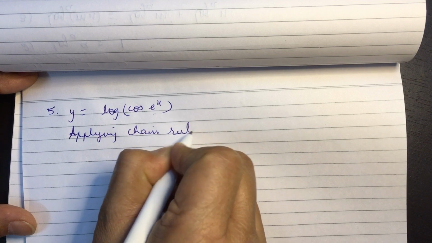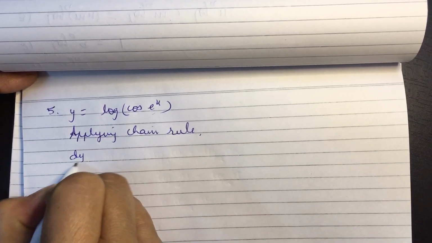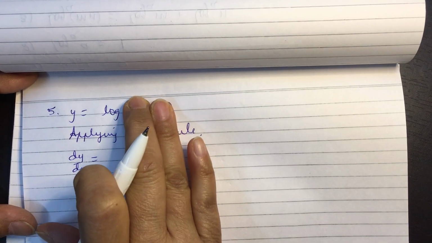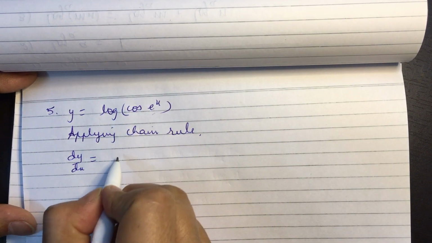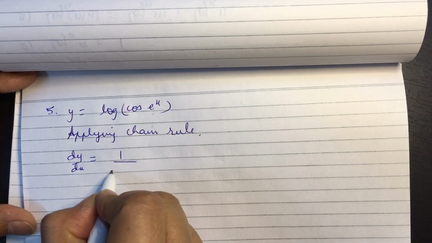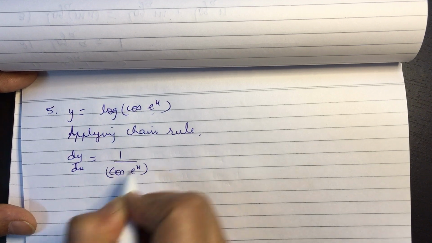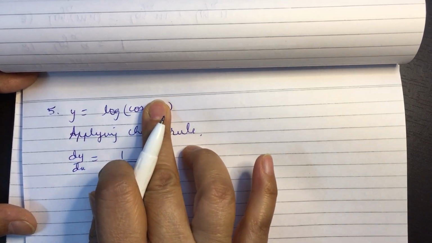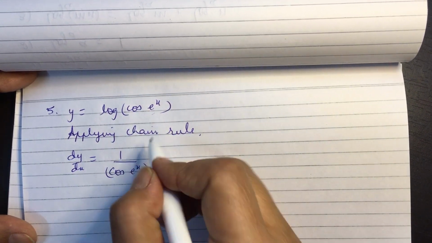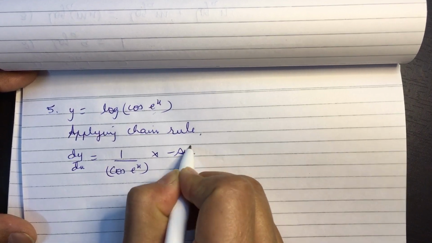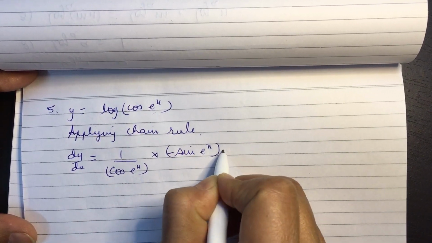So, again applying chain rule, we get dy by dx equal to, first of all, derivative of log is 1 upon that function, so cos of e raised power of x into, then we come across cos, derivative of cos is minus sine e raised power of x.